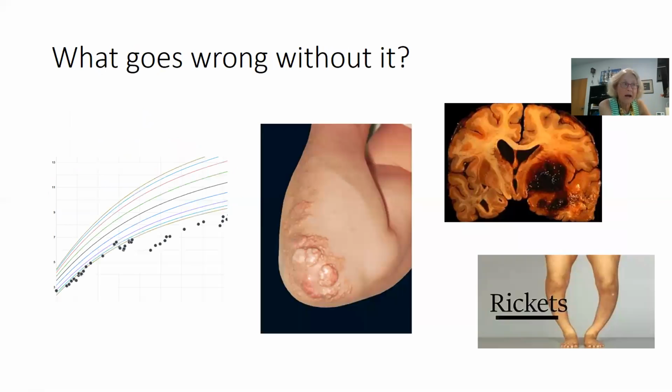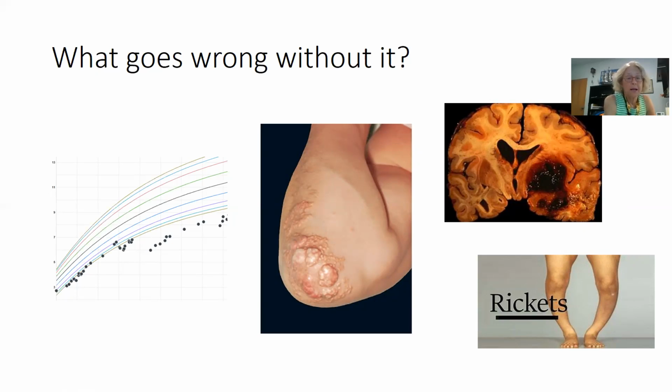So what goes wrong if you don't have it? The most obvious thing in pediatrics is kids don't grow very well. They just don't grow. They can't absorb their fats, and they tend to fall off the curve. In some diseases like Alagille's, where they have really high levels of cholesterol because they can't excrete it down their bile ducts, they may get xanthomas and cholesterol deposits on their skin.